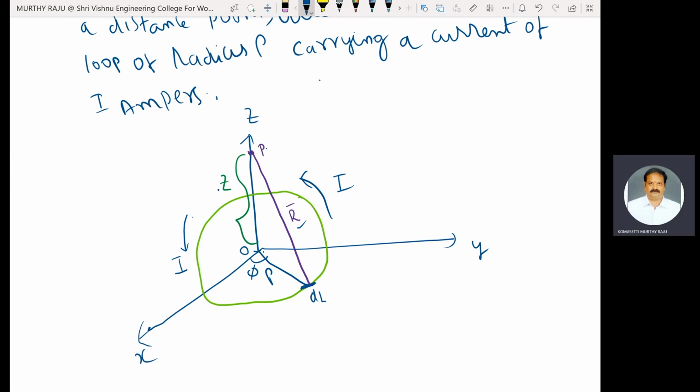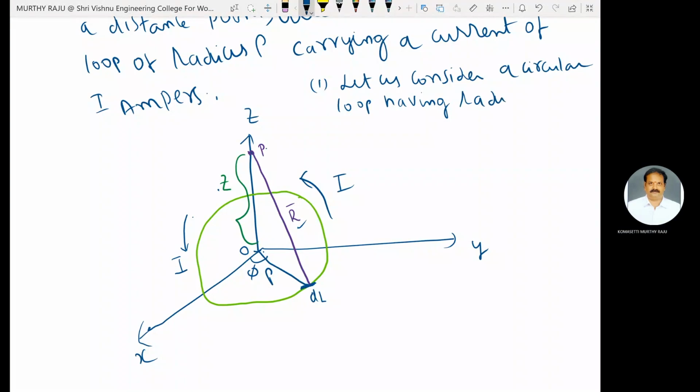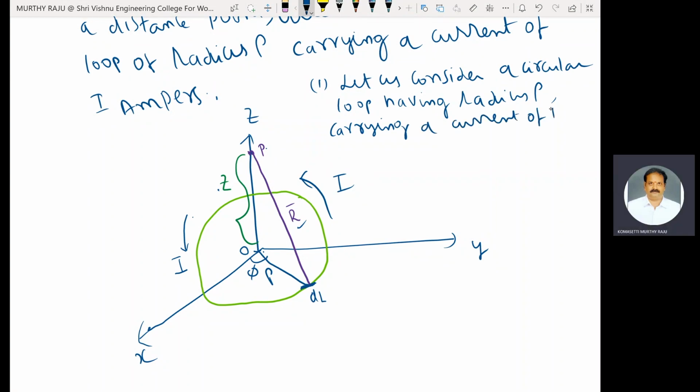Important points here: first, let us consider a circular loop having radius rho carrying a current of I amperes. This is the current I amperes. The circular loop is indicated in green color.